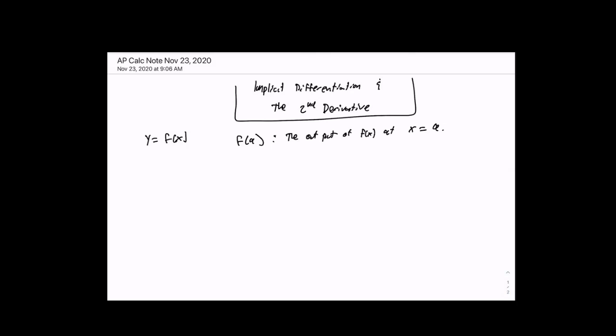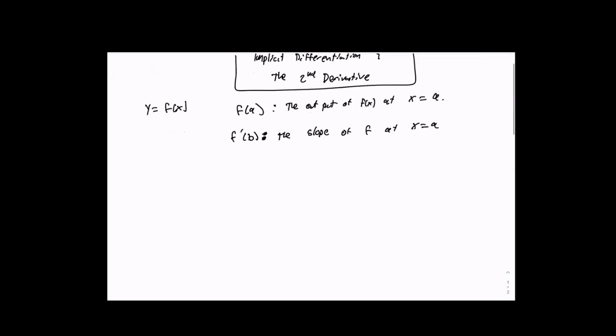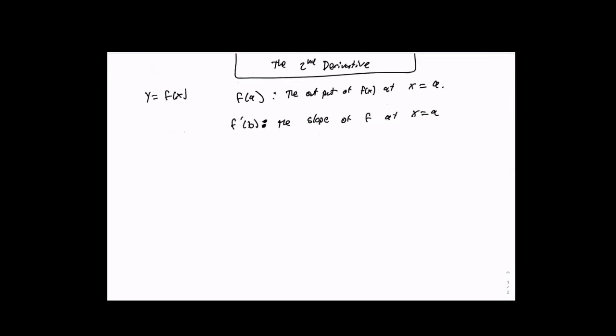That's what f of a tells us. f prime of a tells us the slope, the rate of change of f at x equals a. And we all have a good idea of slope.